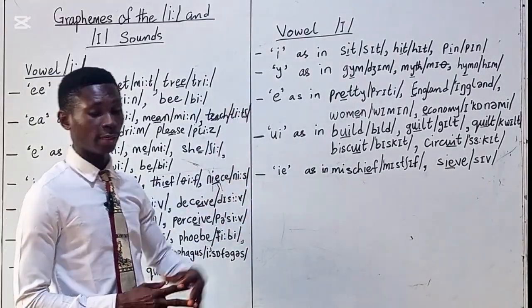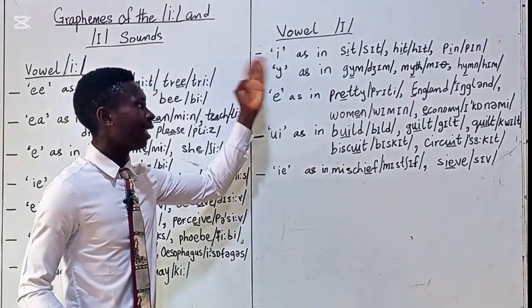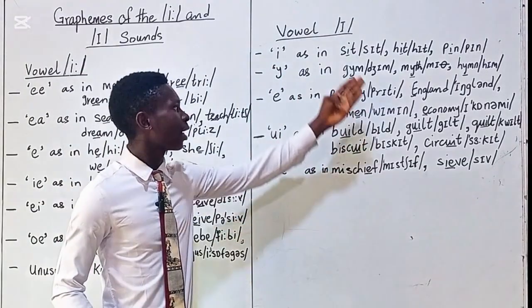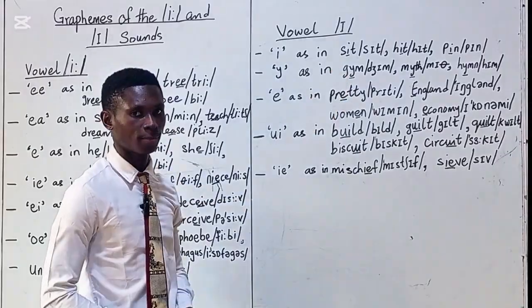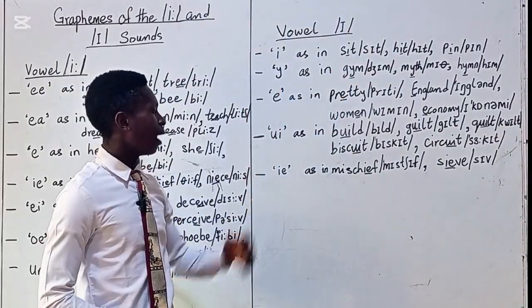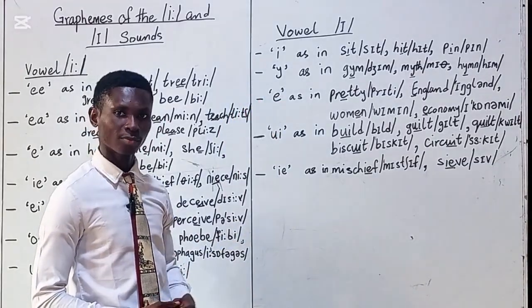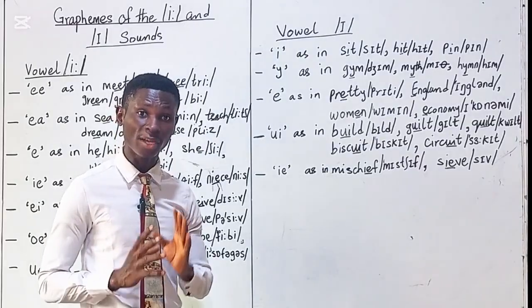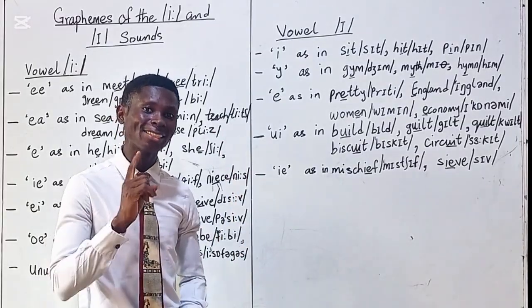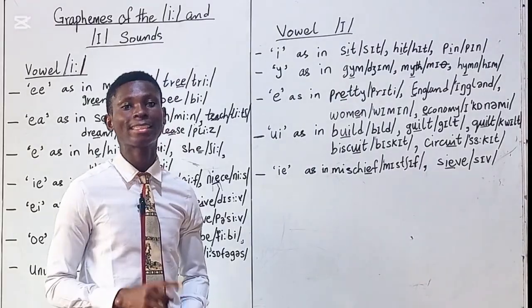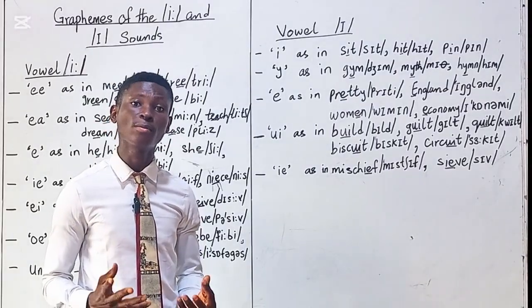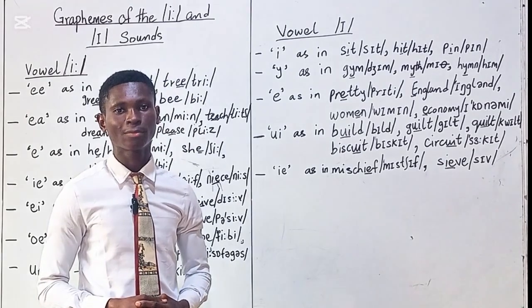Right. Let's look at the word examples. Letter I as in sit, hit, pin. Letter Y as in gym, myth, him. Note at this point that letter Y is not only a consonant letter, it can also be a vowel letter.